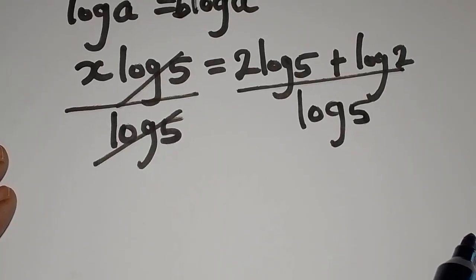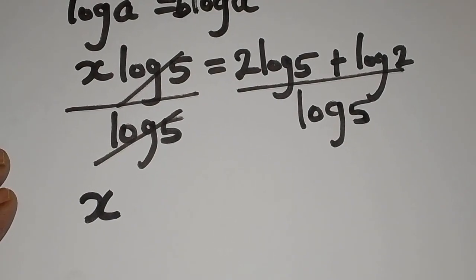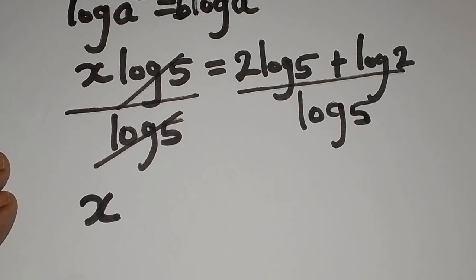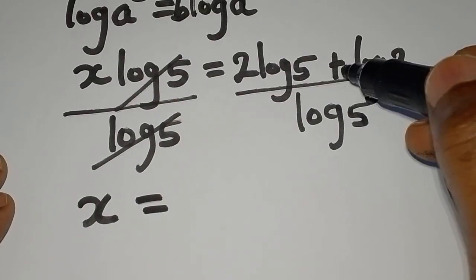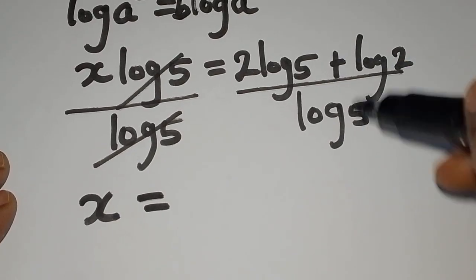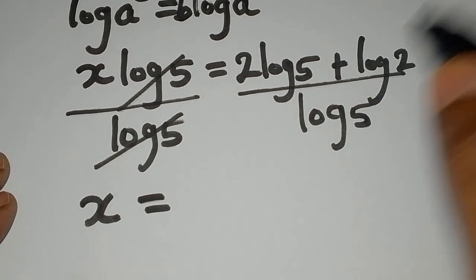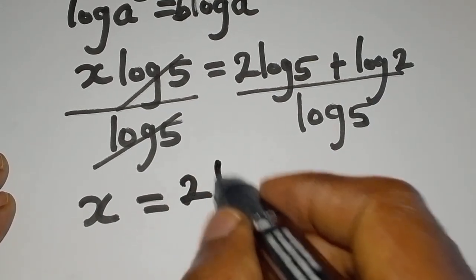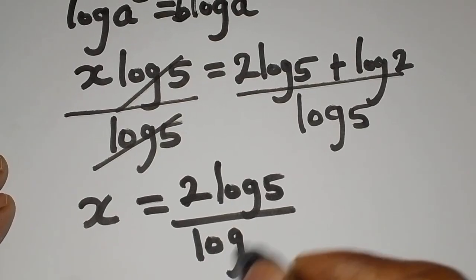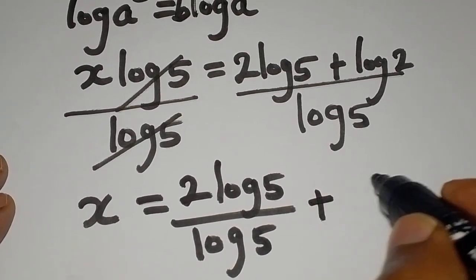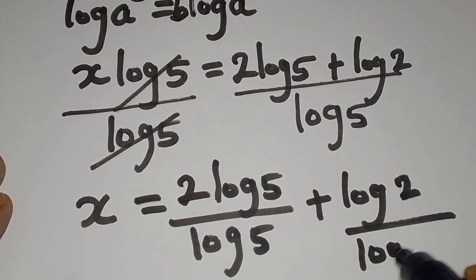So what is left on the left is x, and it's equal to, from here now, we can split this so that this log 5 will work for both numerators. So we have 2 log 5 over log 5. Then we have plus log 2 over log 5.